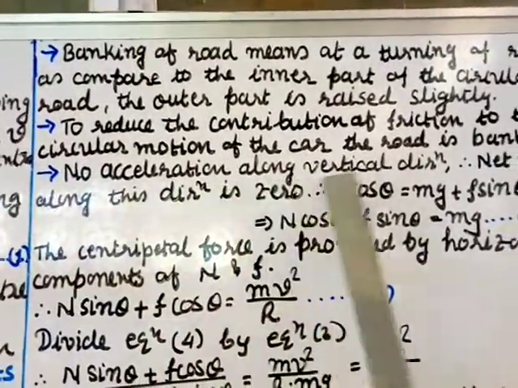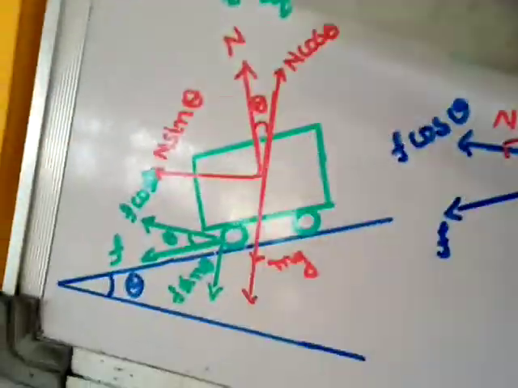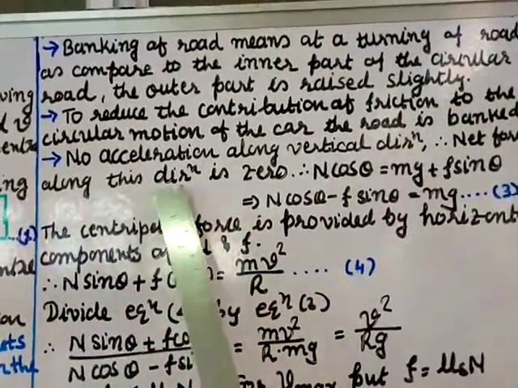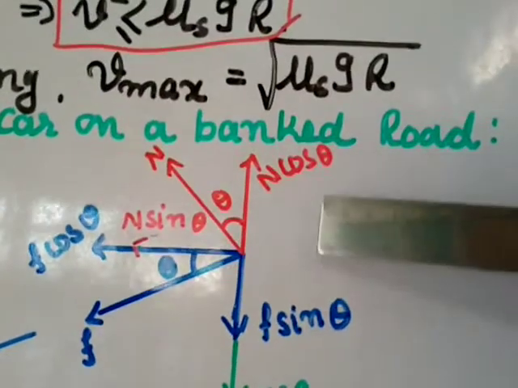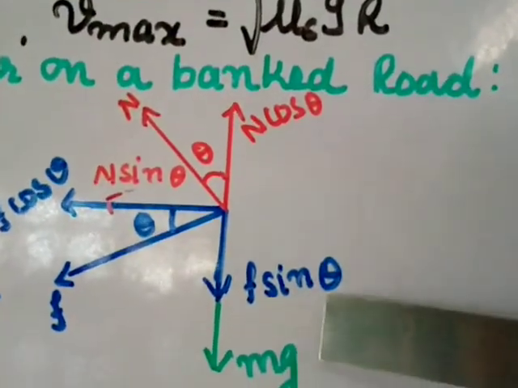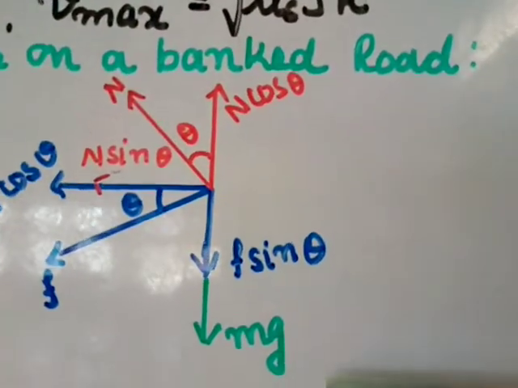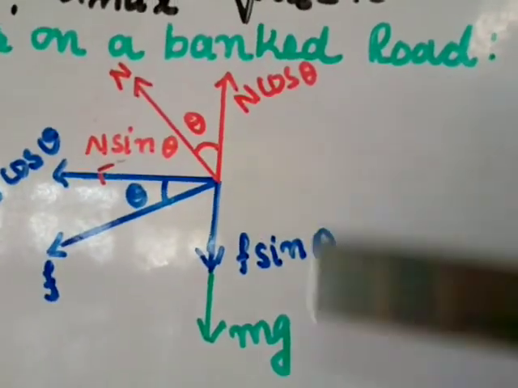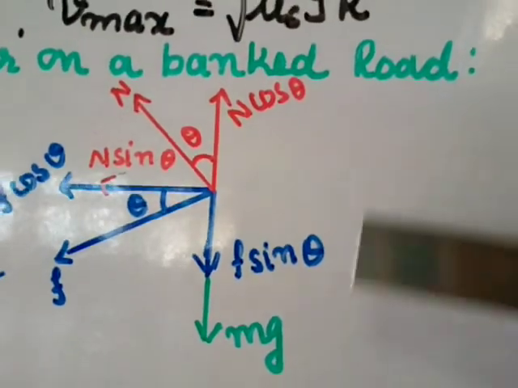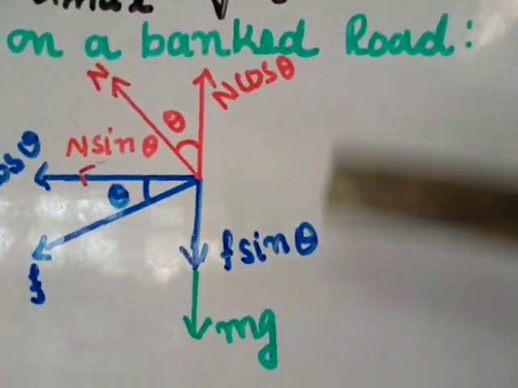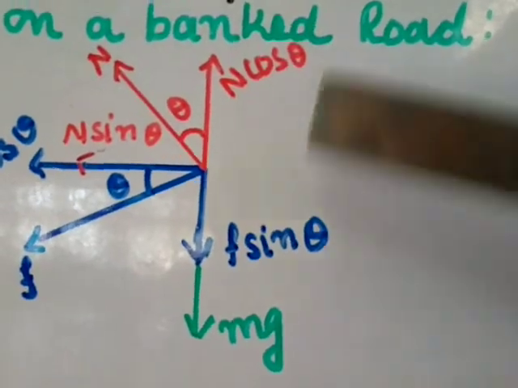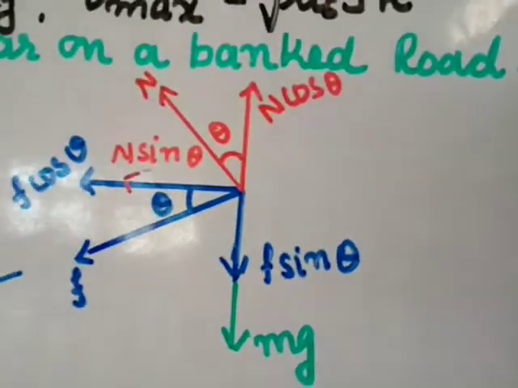No acceleration along the vertical direction. I was telling you that there is no vertical acceleration, right? So therefore the net force along this direction is 0. Now in the vertical direction, N cos theta equals F sin theta plus mg, or you can say N cos theta minus F sin theta minus mg equals 0. So these two are going to equate each other: N cos theta equals the sum of these two, which means there is no vertical acceleration.